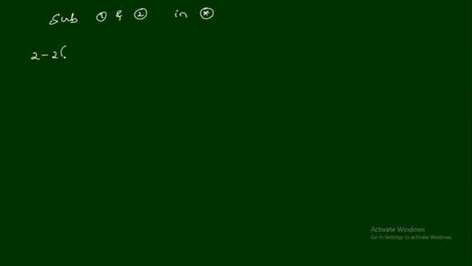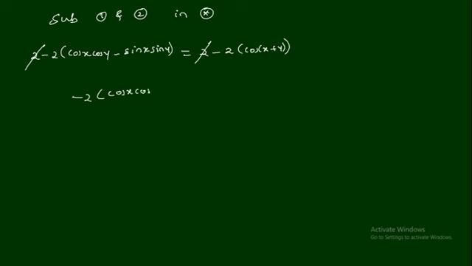2 minus 2 into bracket cos x cos y minus sin x sin y, the same thing I am copying here, even you also can do the same. This is P1P3 square is equal to P2P4, that is 2 minus 2 times of cos x plus y. Okay, so now you can cancel out 2 and 2 and remaining one step extra, minus 2 into bracket cos x cos y minus sin x sin y.